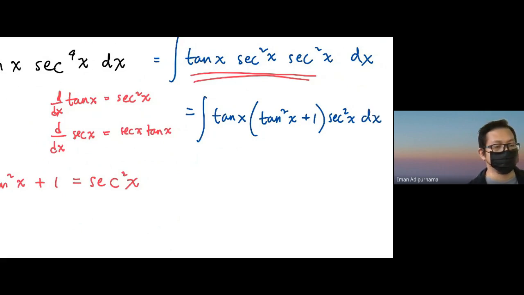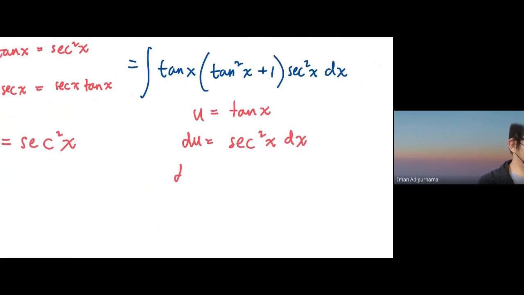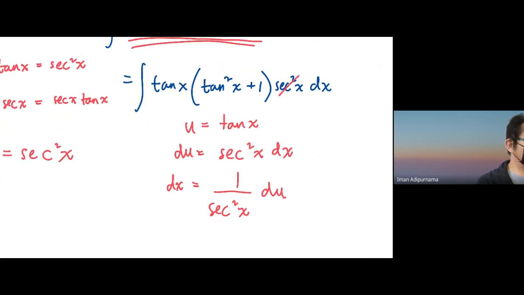Okay. So if you check the tangent and change to u, you will have the secant squared x dx, and you will cancel this part here, right?